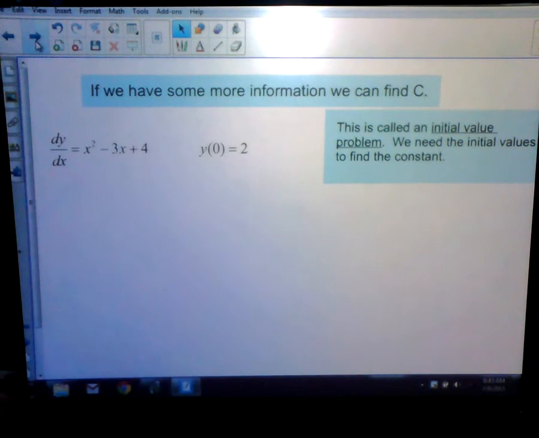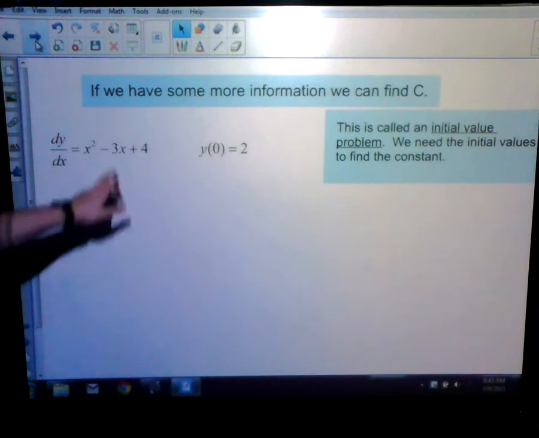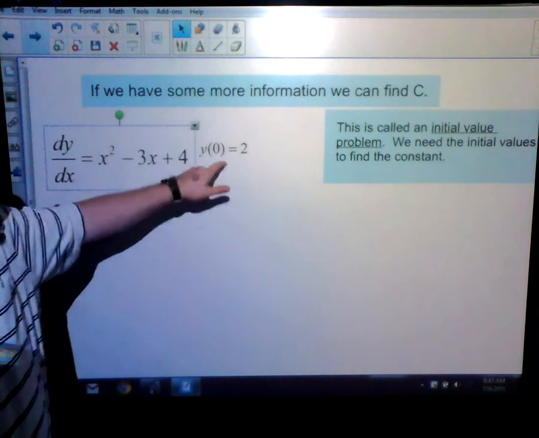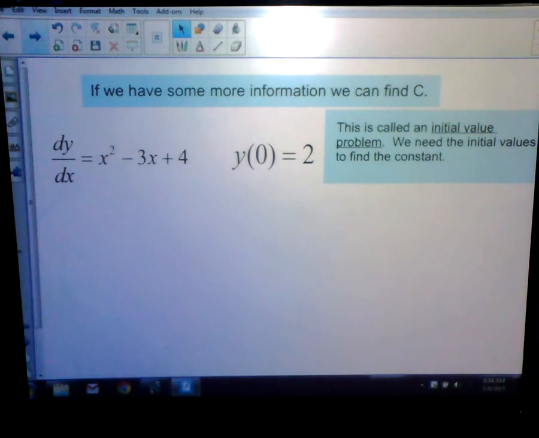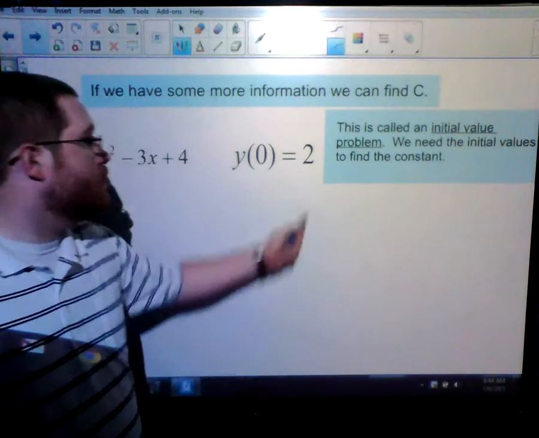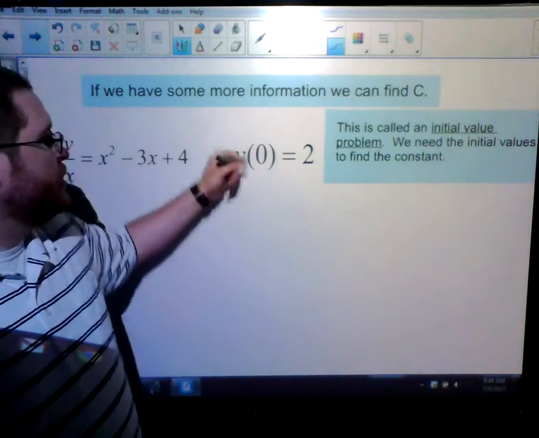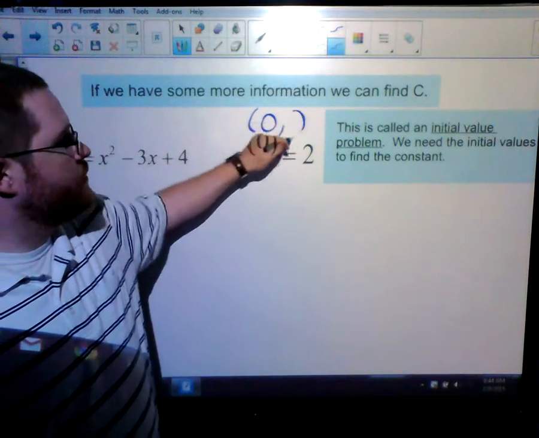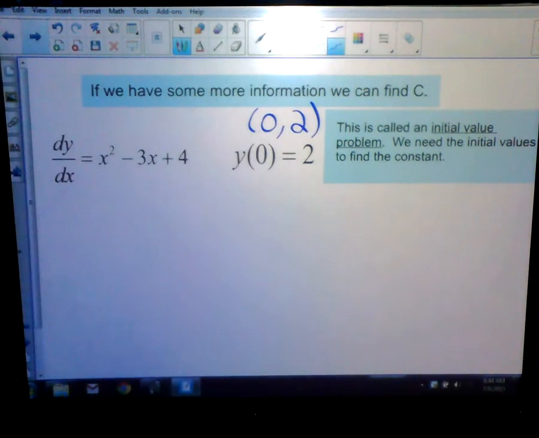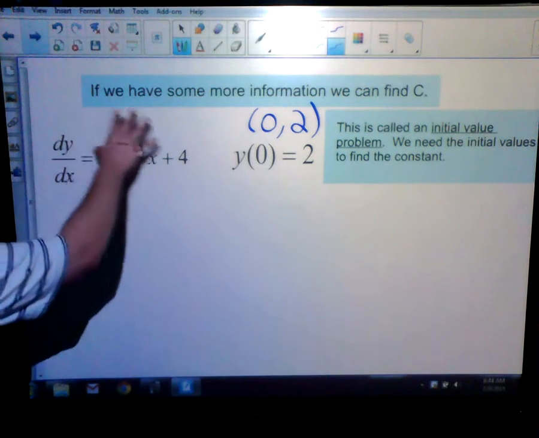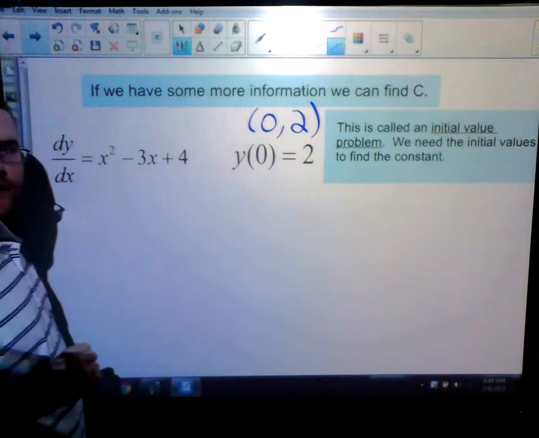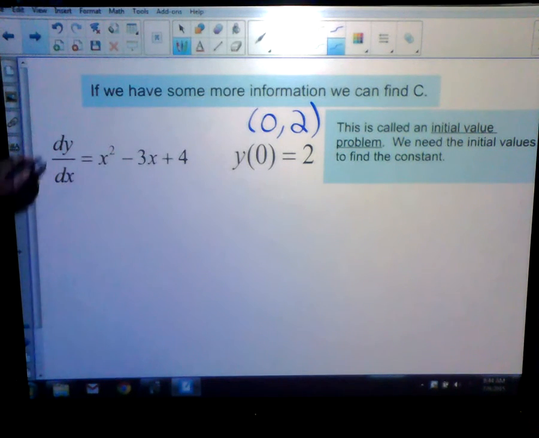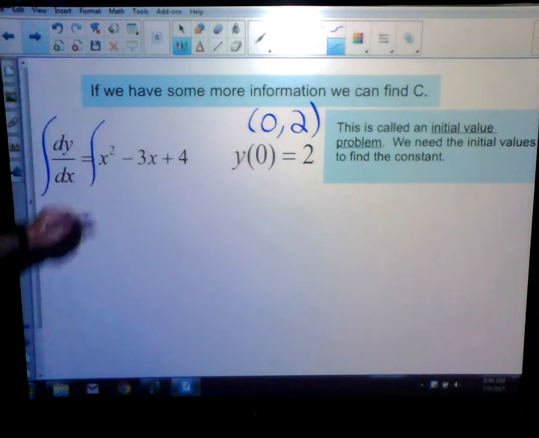An initial value problem. In this initial value problem, I have a derivative and I have a point. People have trouble with this. What is this point? It's 0, 2. So this is saying find the antiderivative of this that goes through that point. Well, let's find the antiderivative first. I will integrate both sides.